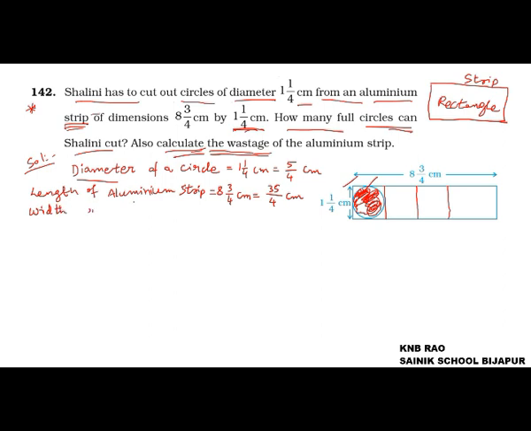Here next we will write the breadth or width of the aluminium strip, which is given as 1 integer 1/4 centimeter, which is nothing but 5/4 centimeter. Now we will go for finding the number of circles.